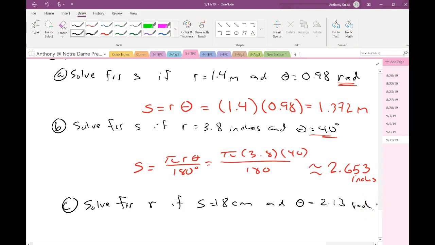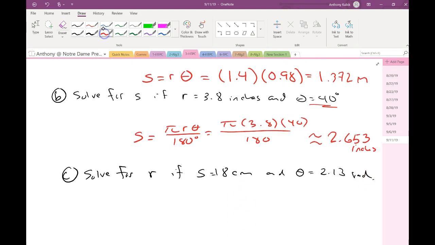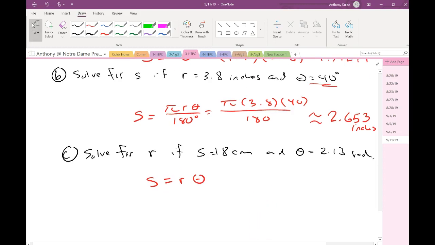What if we're asked to solve for r if s is 18 centimeters and theta is 2.13 radians? Which formula should I use? The first one. And what do I have to be careful about here? Yeah, the variables that I'm given are a little bit different.